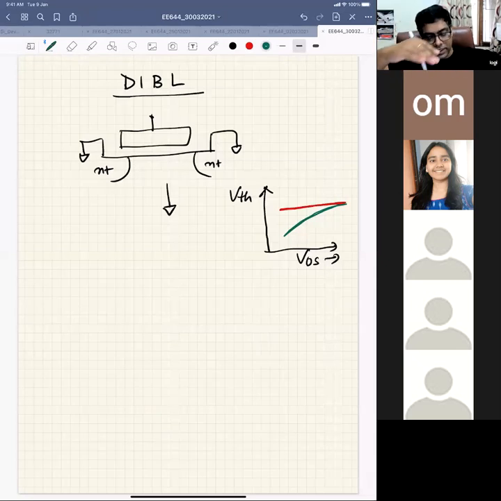You could measure threshold voltage at different VDS by applying different drain to source voltages. And you see that your threshold voltage is continuously increasing.